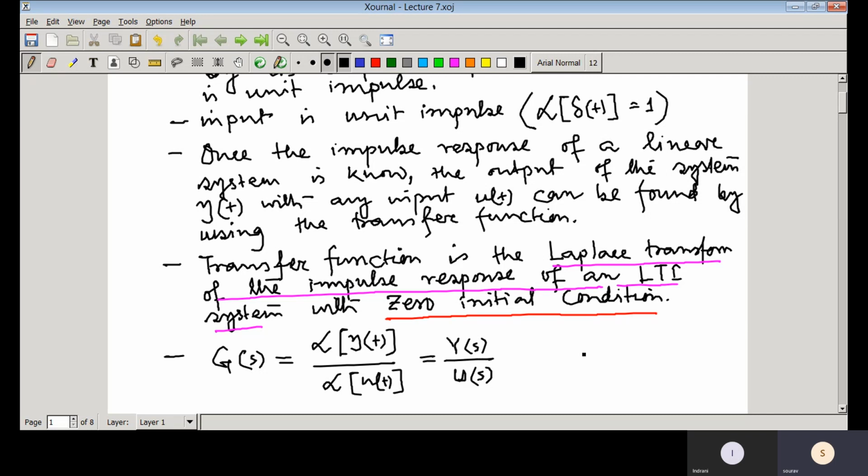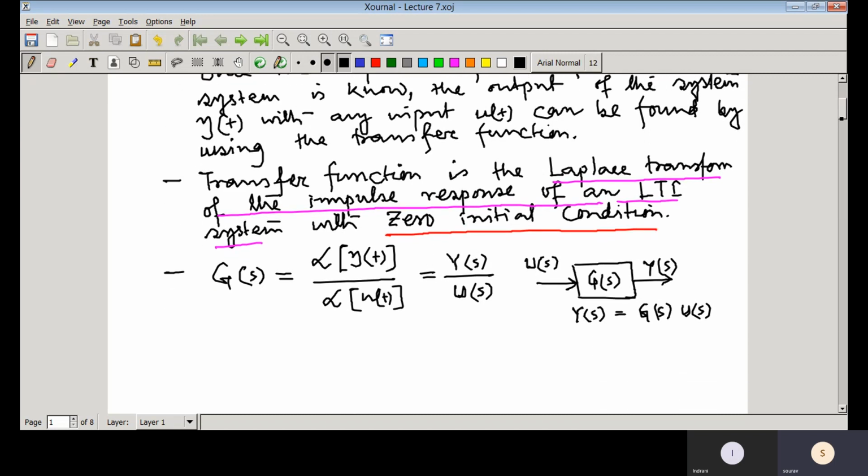Suppose you have a system here, the Laplace transform of the input is U(s) and the output of that system is Y(s). So here you can see that Y(s) is equal to G(s) into U(s).